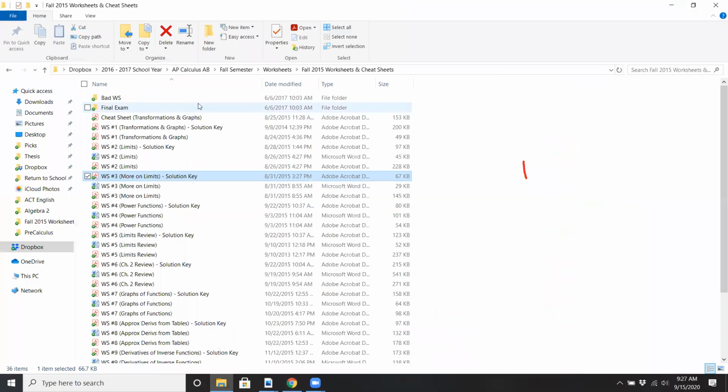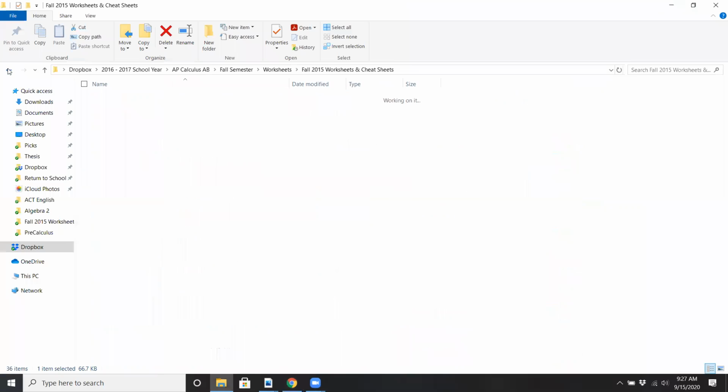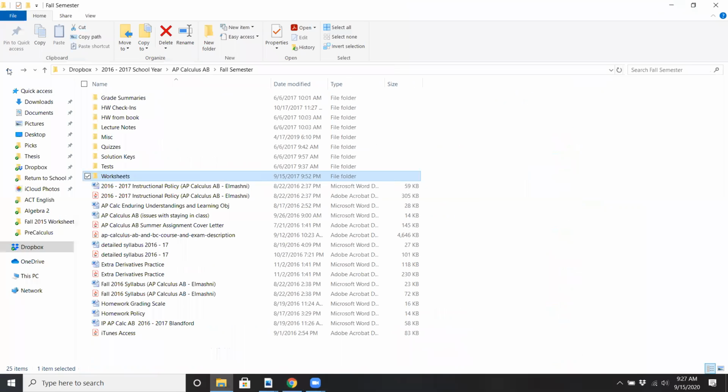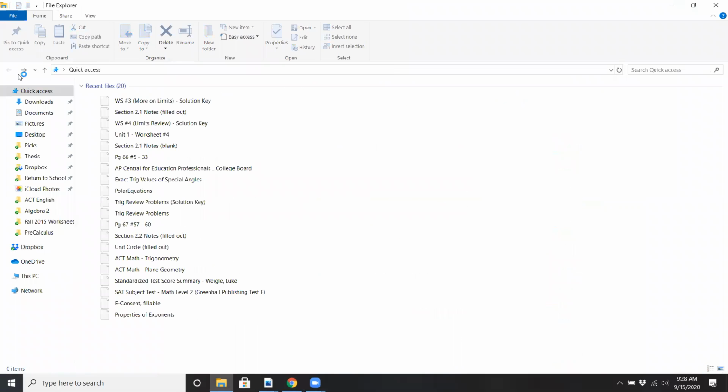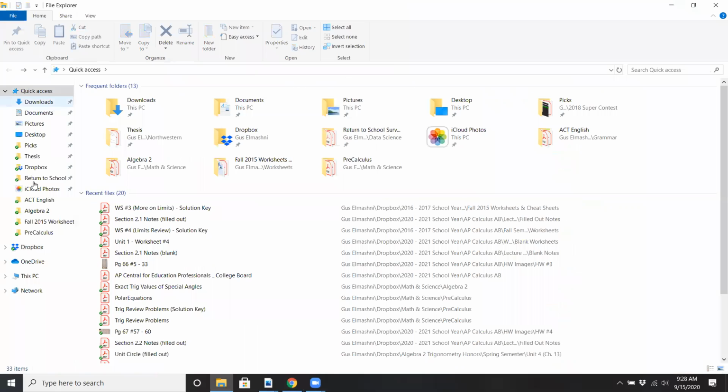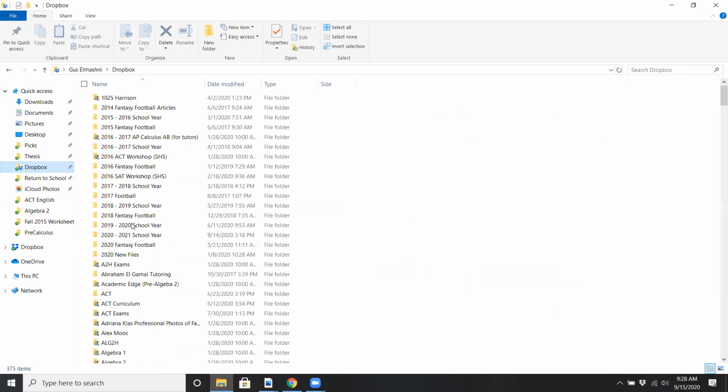We do need to get the notes started pretty soon for 2.2. But it's good, we need this discussion anyway. So let me go back. Nope, let's do this. Dropbox.